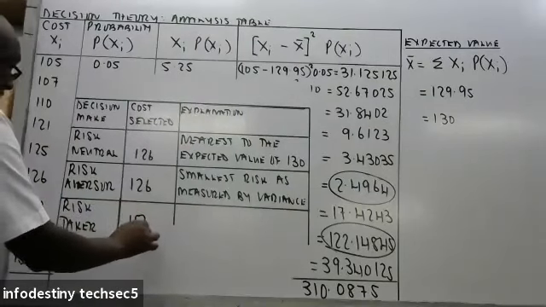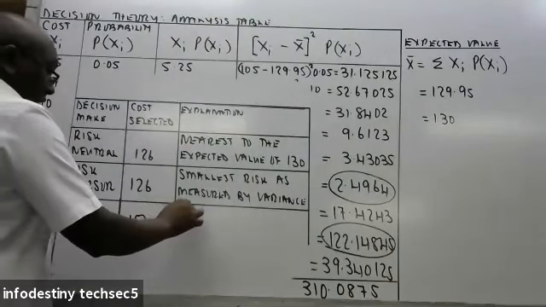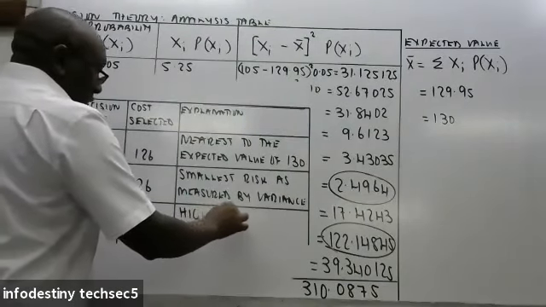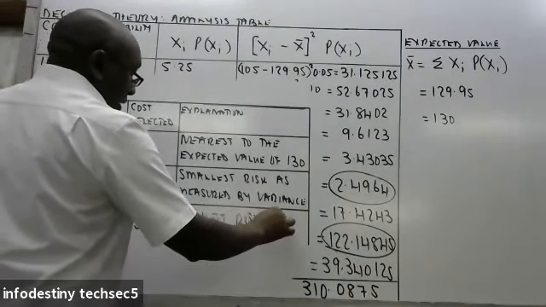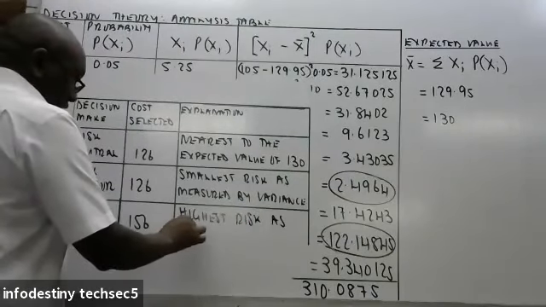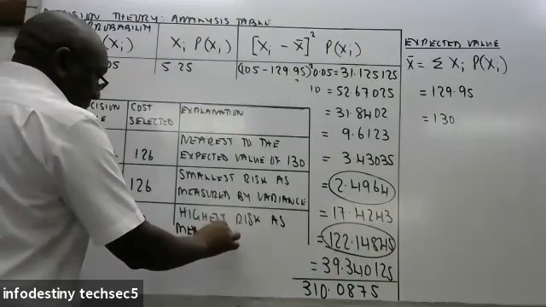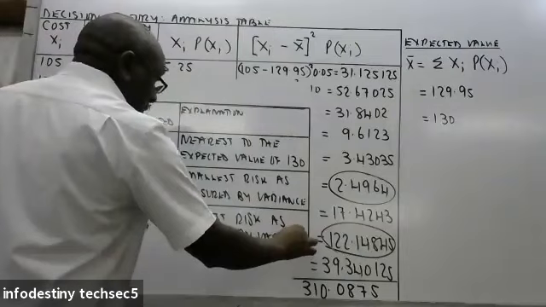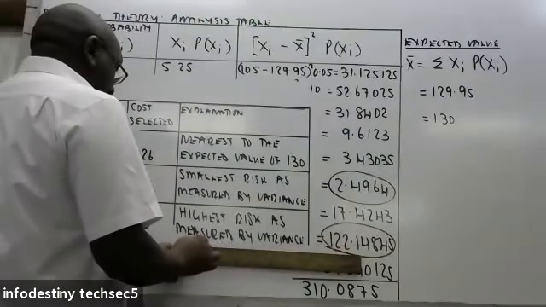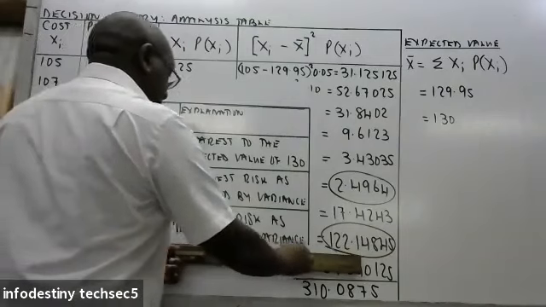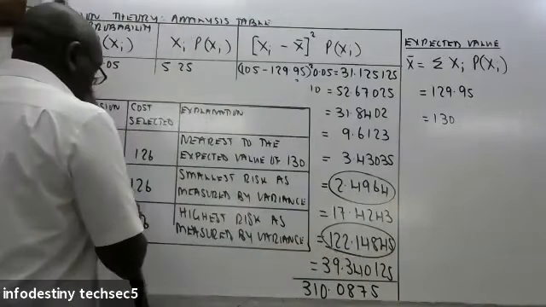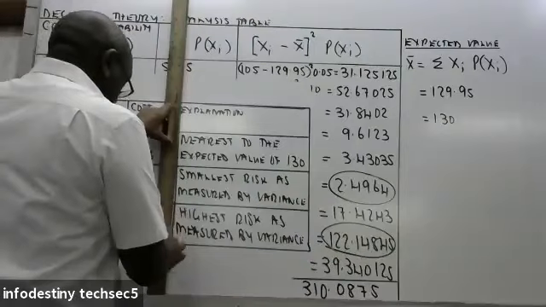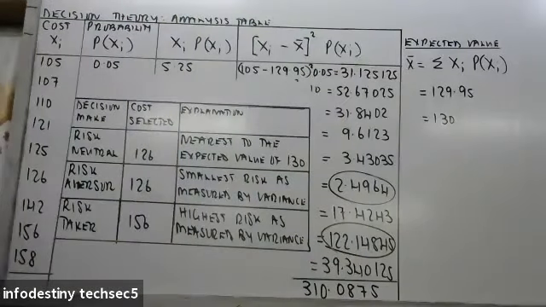So him will prefer that because it has the highest risk as measured by variance. That is what he will go for.